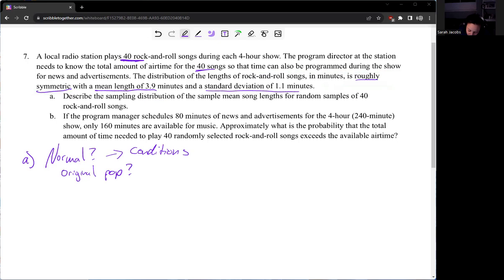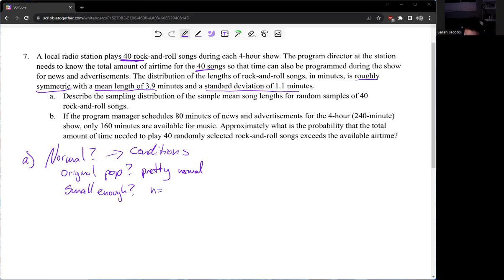So we can say that this is pretty normal, but let's check everything else just to be sure. The next thing we'll check is, is our sample size small enough? n has to be less than 10% of the population.